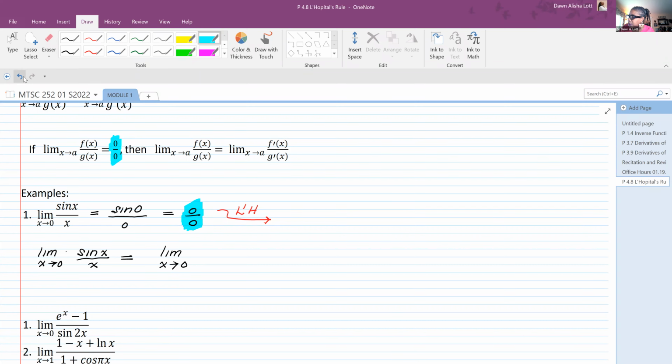It tells me that I need to take the derivative of the numerator. The derivative of the sine is the cosine, and the derivative of x is just 1. Now evaluate this: the cosine of 0 over 1, which is 1 over 1 equals 1. So now I have an answer.